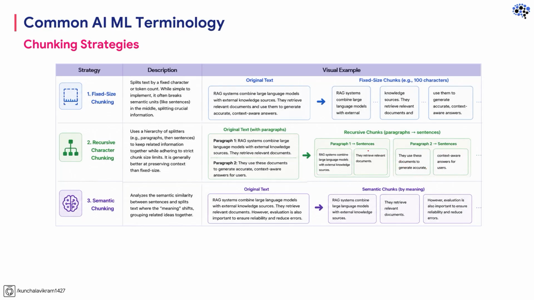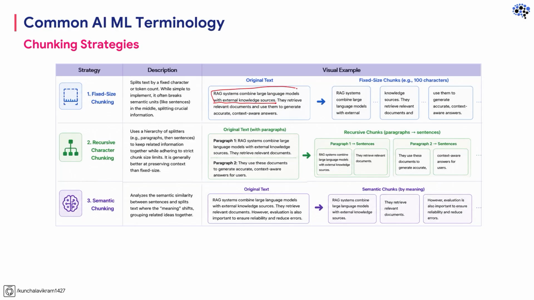But the method that I really like is semantic chunking. For example, if you take this particular text, coming from a document or a knowledge base, I can break it into chunks which are meaningful. I can get the first chunk till this point: "RAG systems combine large language models with external knowledge sources."